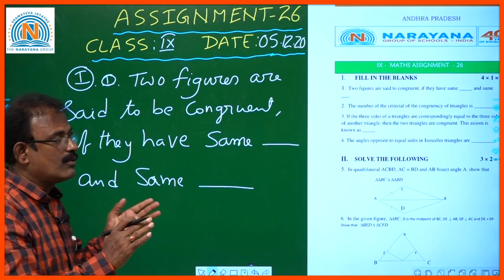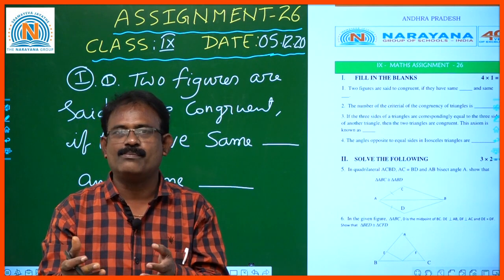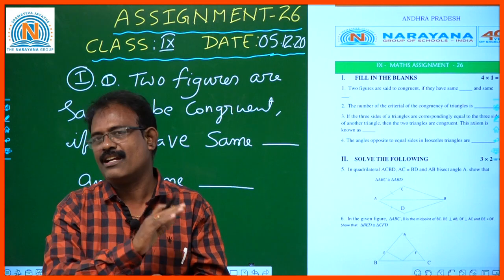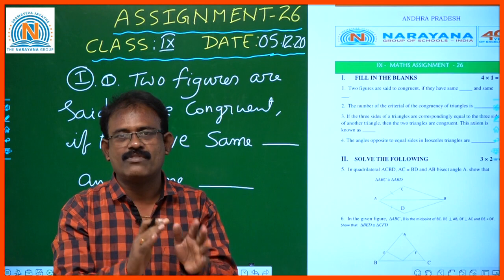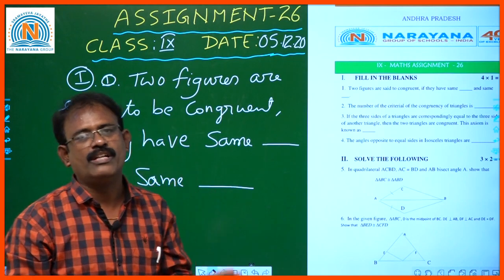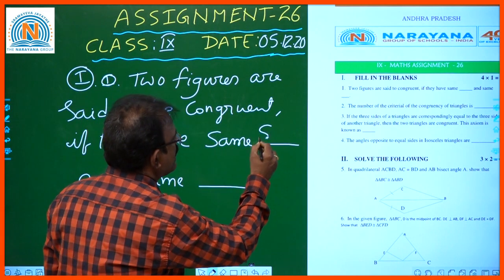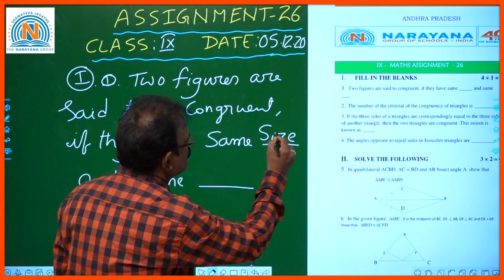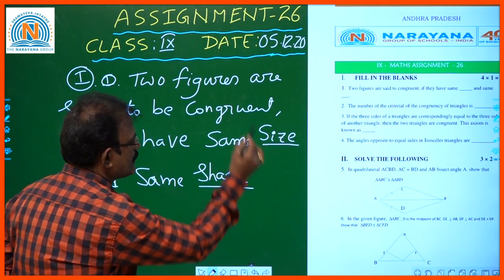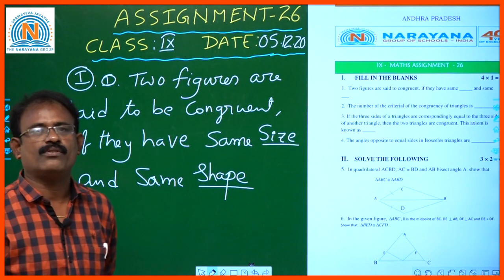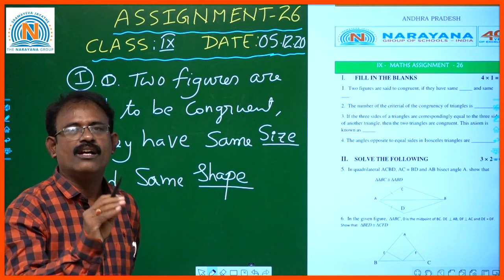For example, the model of Taj Mahal in our rack and the actual Taj Mahal are different sizes, so they are not congruent. So two figures are said to be congruent if they have same size and same shape. Then only we are able to conclude that the given two figures are congruent, children.